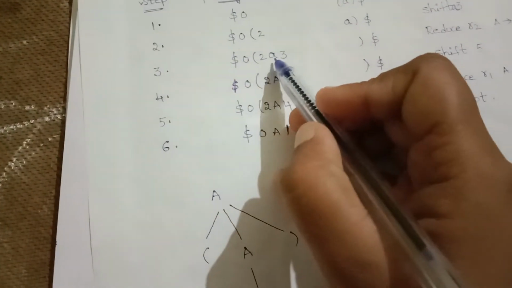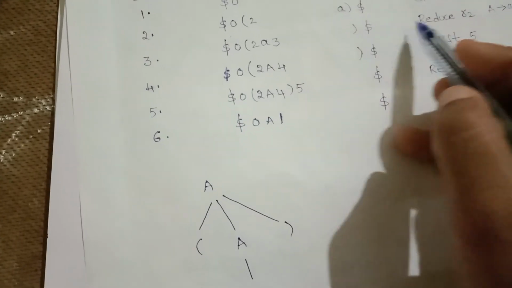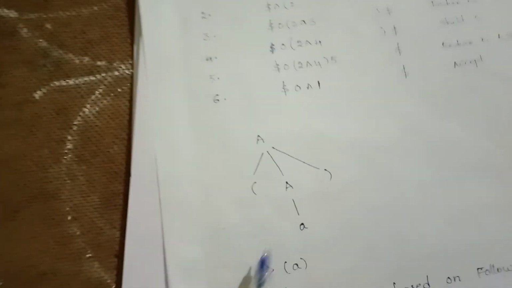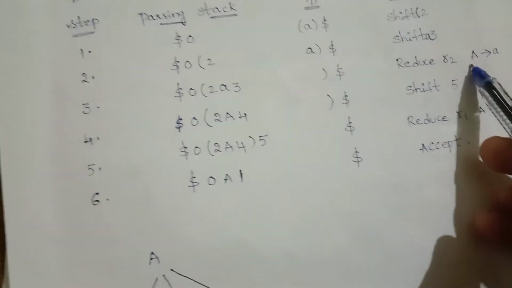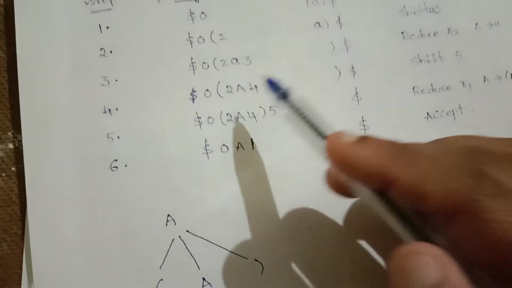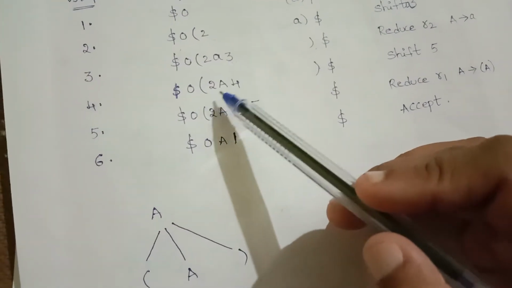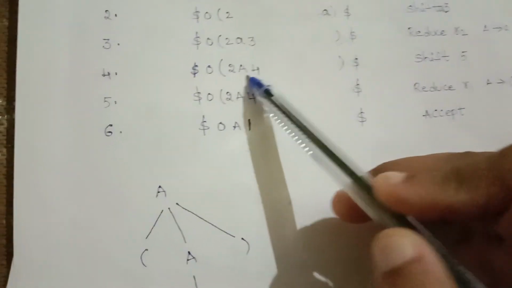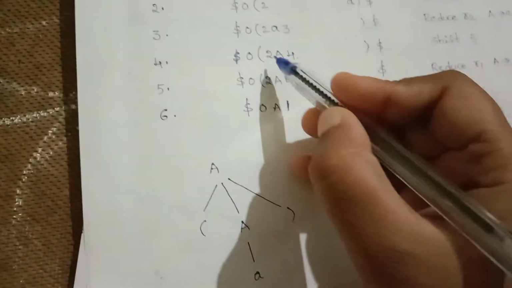So the stack is $0 (2 a 3. And now 3 on right parenthesis, check the table, reduce 2. In reduce 2 what we have, A tends to a. So reduce by A tends to a. In place of a you are going to place A, and here you need to get the number. How will you get the number?